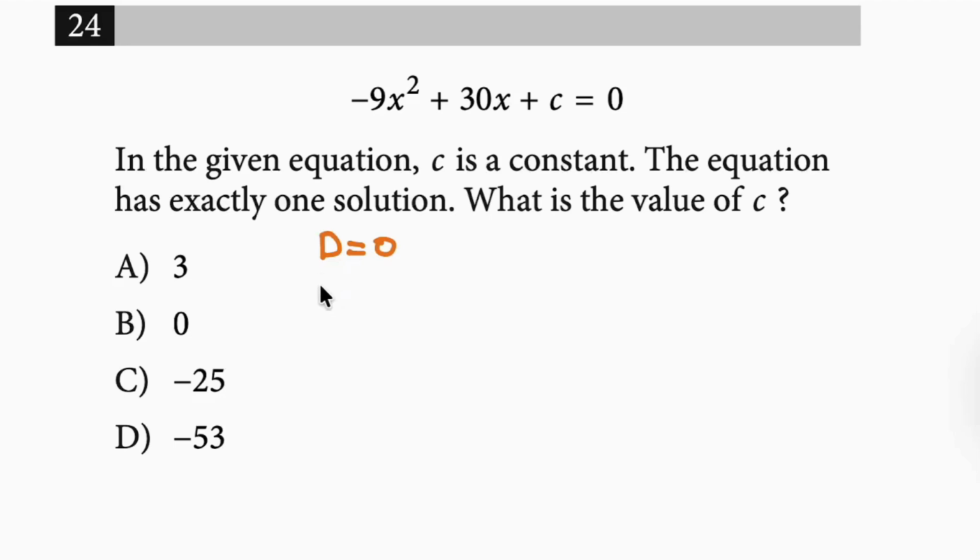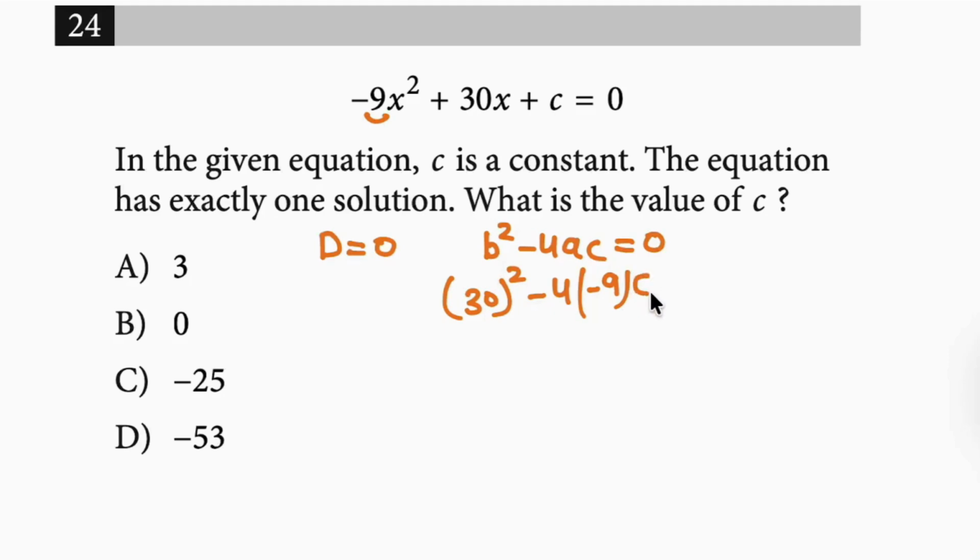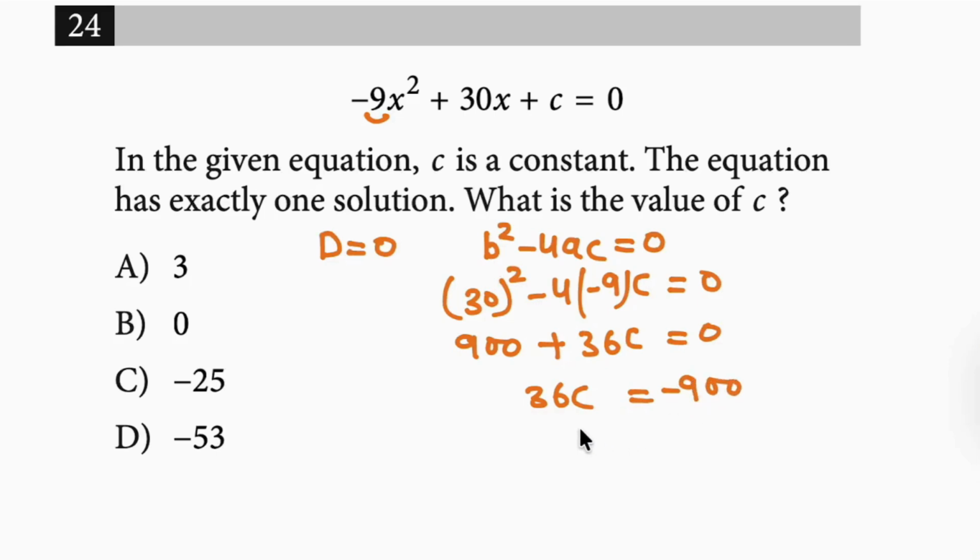D is equal to 0, and D is the discriminant. That means b squared minus 4ac should be equal to 0. So b is 30, 30 squared minus 4 times a, which is negative 9, times c, is equal to 0. So 900 plus 36c is equal to 0. 36c is equal to negative 900.